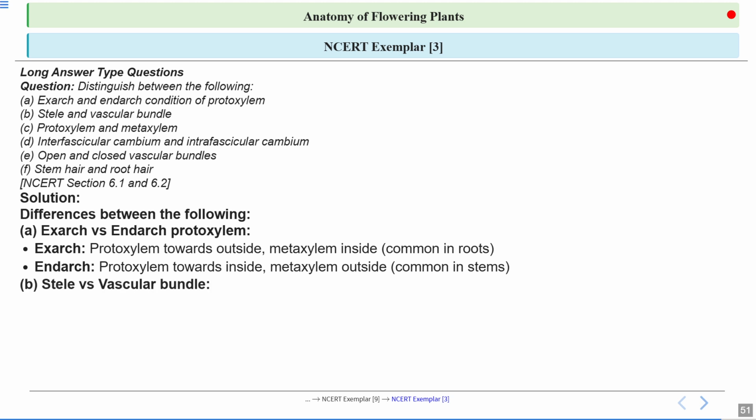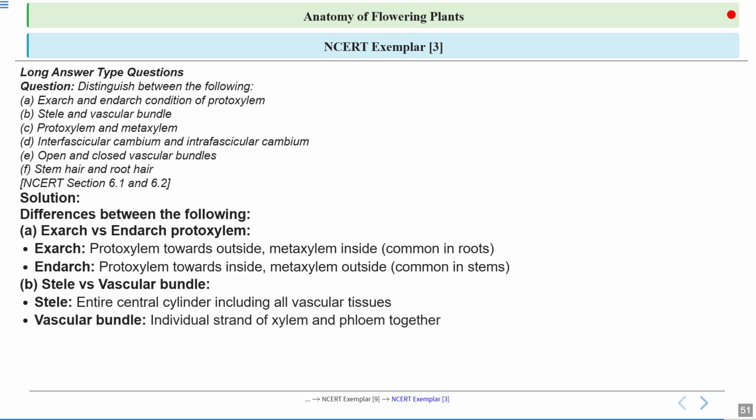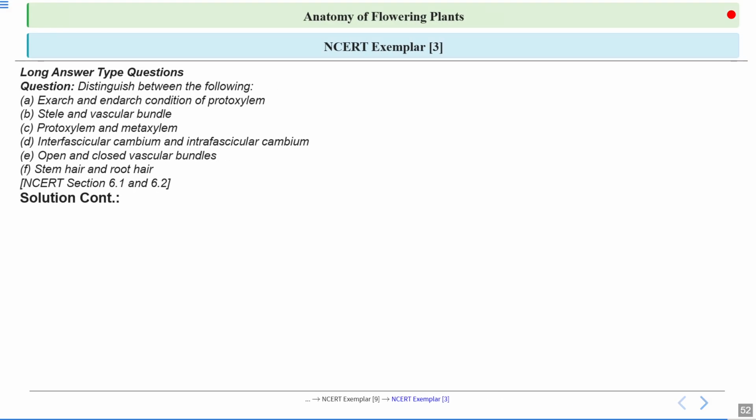Stele versus vascular bundle. What is a stele? The entire central cylinder, including all vascular tissue, right? That is a stele. And a vascular bundle is an individual strand of the xylem and phloem. Protoxylem, metaxylem.